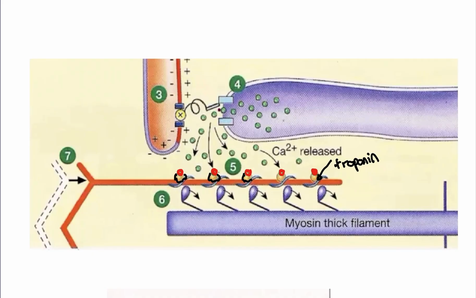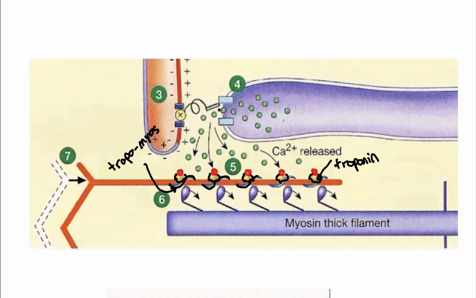So changing the conformational shape of this protein slightly changes the shape of this protein that's wound around this actin filament. And so when troponin changes its shape, it changes the shape of this protein right here, which is called tropomyosin.